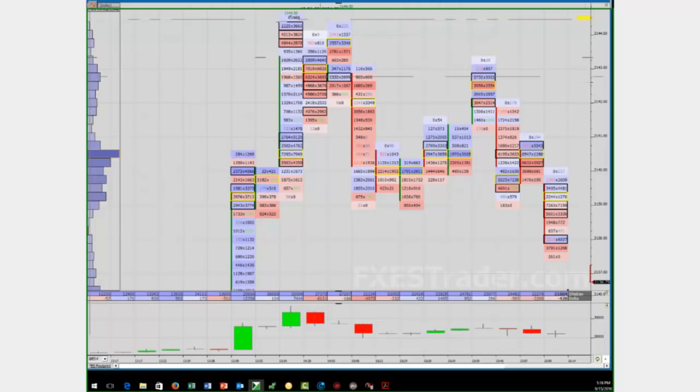So definitely be hunting right here, especially after I saw 3 6s. I'd be hunting again for this, and this showed up. So this was my second short of the day, right in here. Got filled at 43 1/4. It was a shitty fill, but it took this particular bar, and I was glad to see that it was the high volume node of the bar, but we had a nice sell-off.